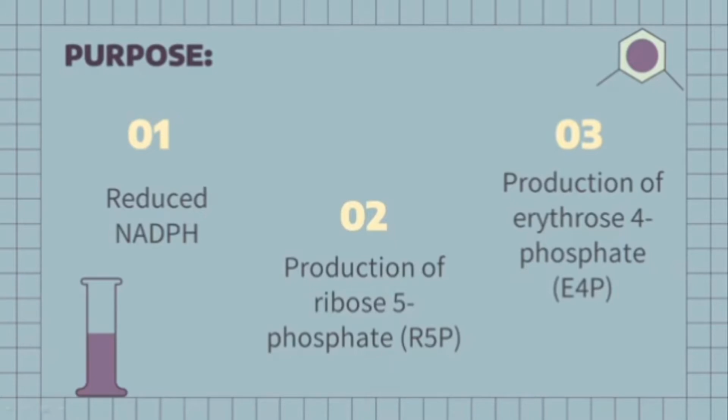An example of this is fatty acid synthesis. Second is the production of ribose 5-phosphate. This is used in the synthesis of nucleotides and nucleic acids. And the third is the production of erythrose 4-phosphate. This is used in the synthesis of aromatic amino acids.